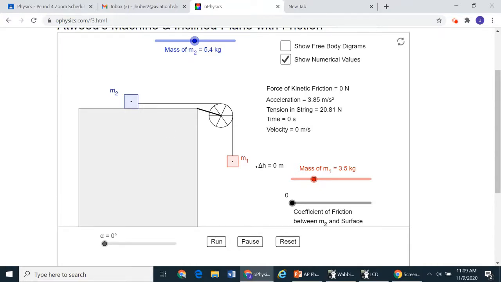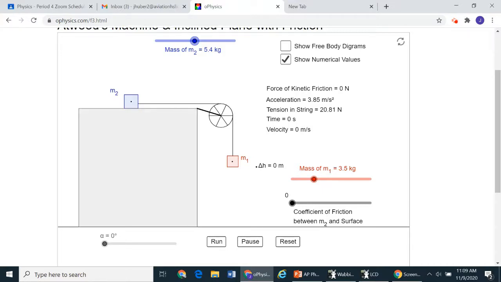But because M2 is just sitting on the table and its weight is not contributing to the net force, it actually makes the acceleration go down because there's more inertia in the system.